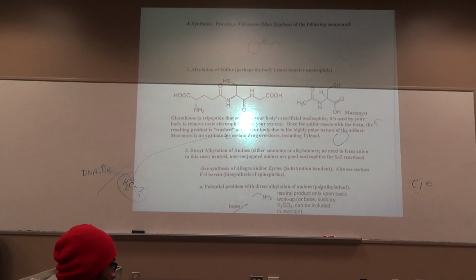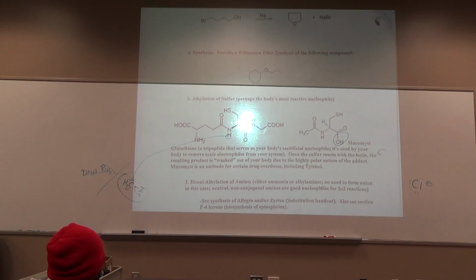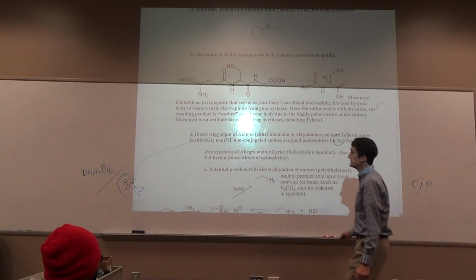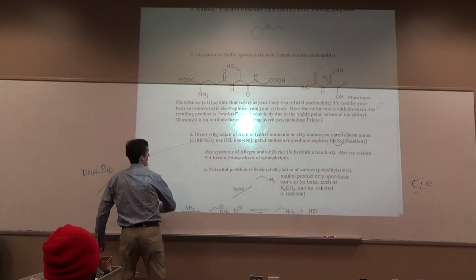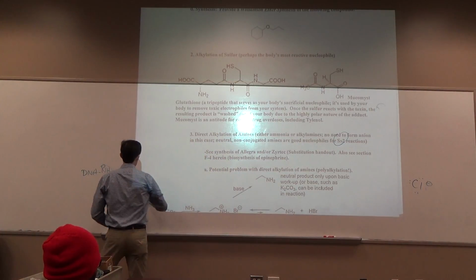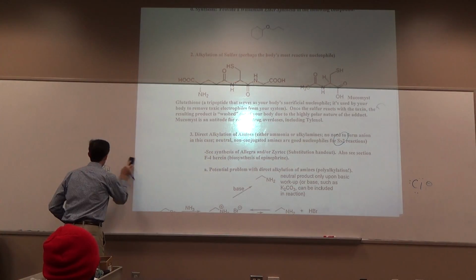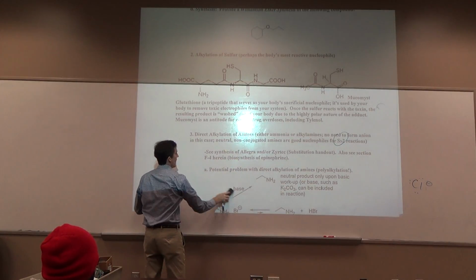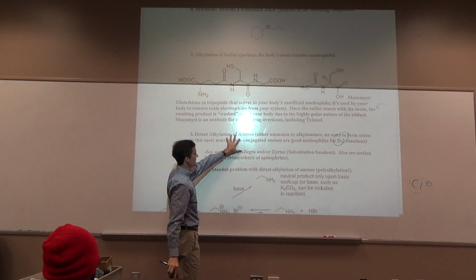Okay, oxygen, sulfur. What about nitrogen? Nitrogen. If we do an SN2 reaction with nitrogen, we're again alkylating. And it would be called a direct alkylation of an amine.